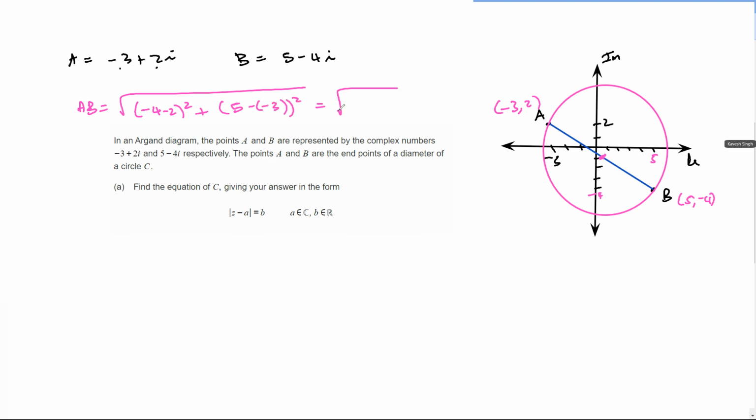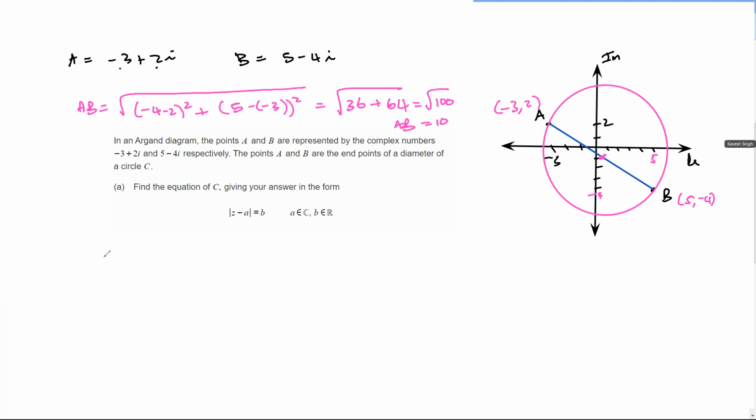And so that's equal to the square root of -6 squared, which is 36, and 5 minus -3 is 8 squared, which will be 64. And so that'll add up to 100, and so that will become 10. So the length of AB would be 10.